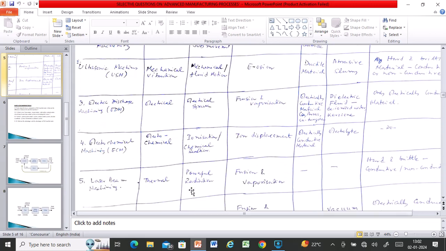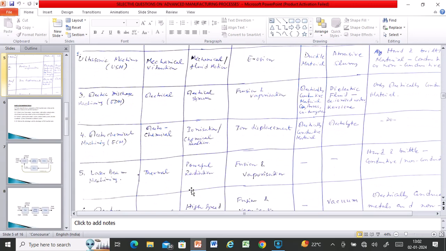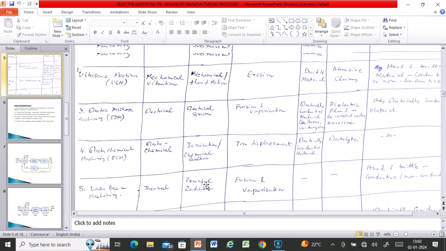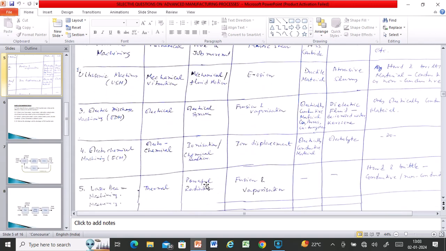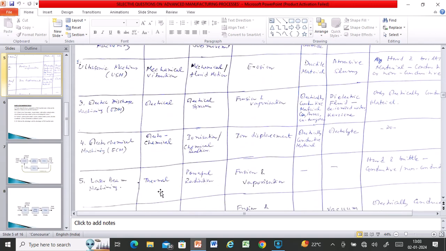Then we have laser beam machining, where the energy type is thermal, the energy source is powerful radiation, and the mechanism of material removal is fusion and evaporation, like electric discharge machining.